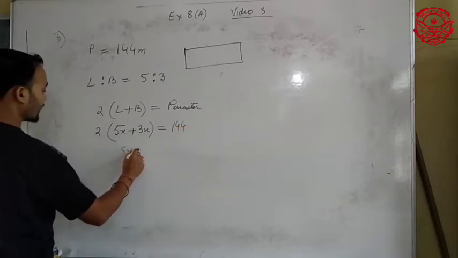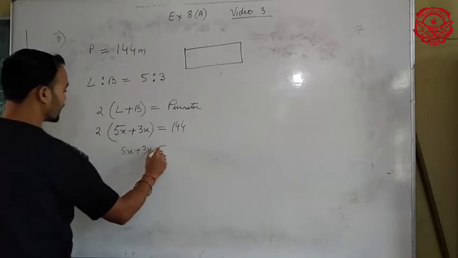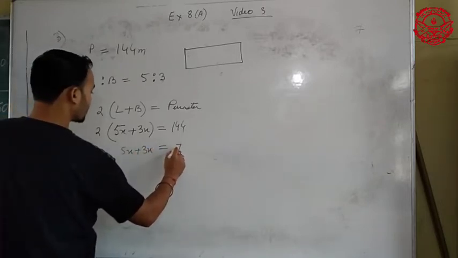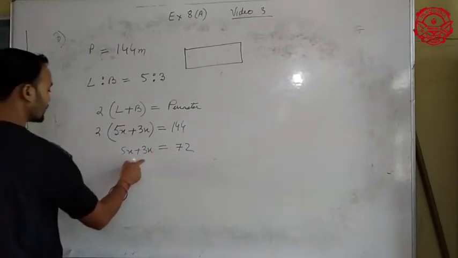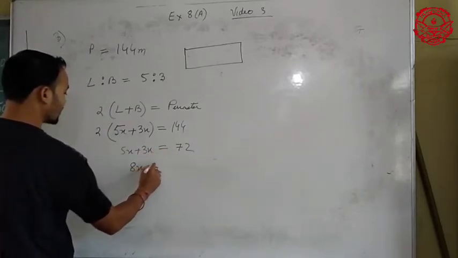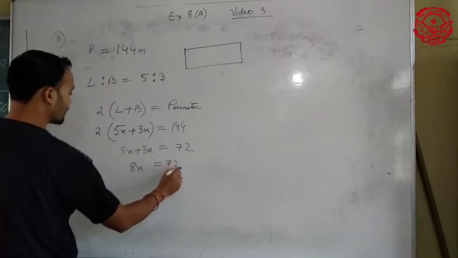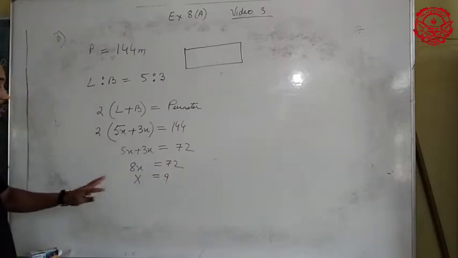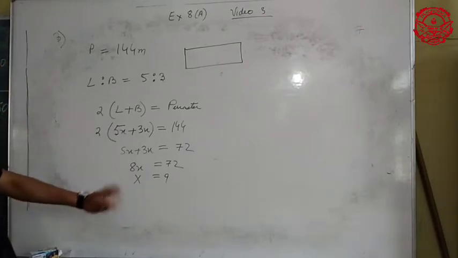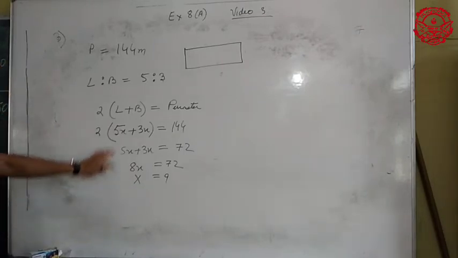5x plus 3x is giving us 72, as 2 is divided. Now 8x equal to 72 and x is equal to 9. Okay. The value of x is 9. Fine. Now see, what will be the value of length?